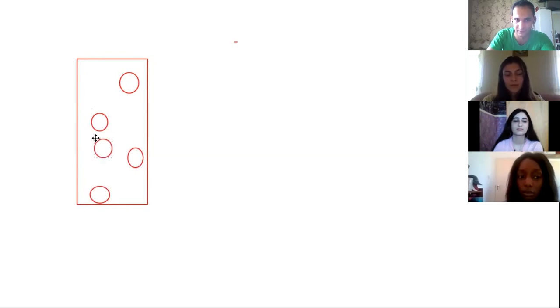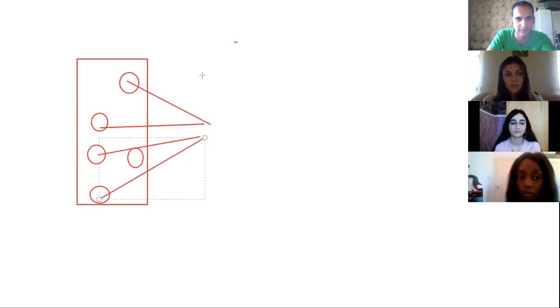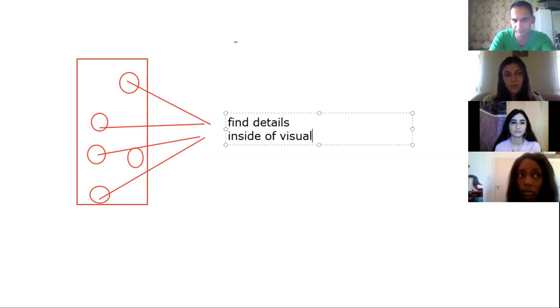About articles, the same, but with articles you analyze sentences. It can be videos, animations. So you find those details and then you associate them. So first, find details inside of visual.